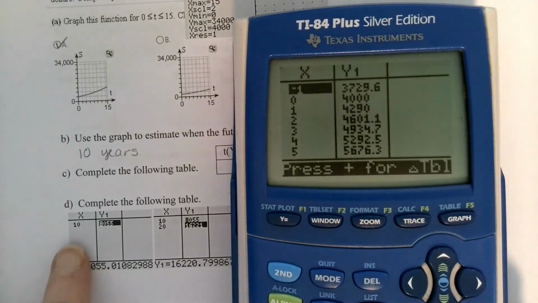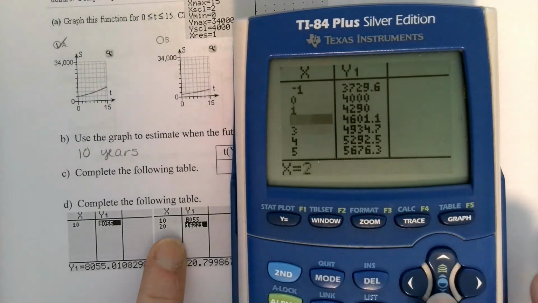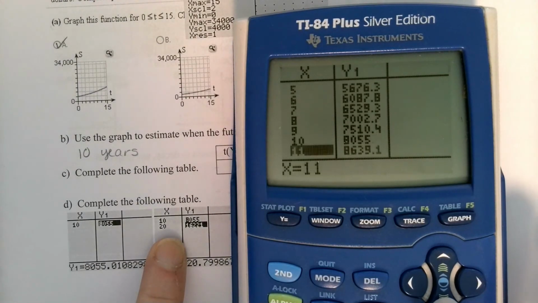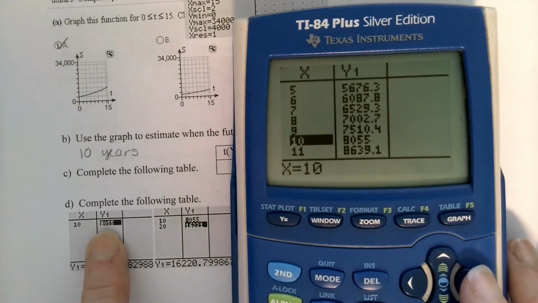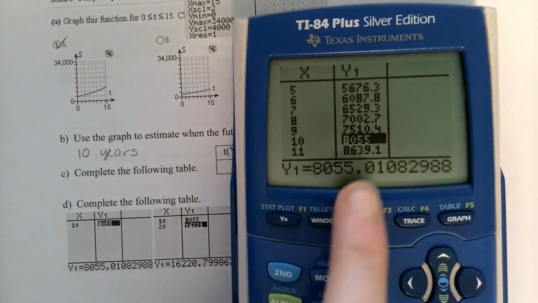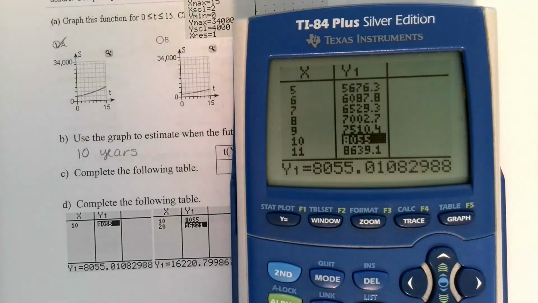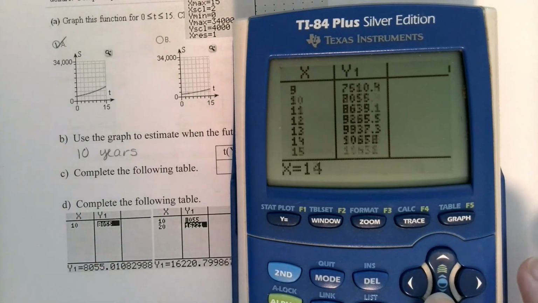Here it does ask for specific x values. So I could scroll up to there and get in 10 years, and I'd scroll over to get the exact value of $8,055.01.